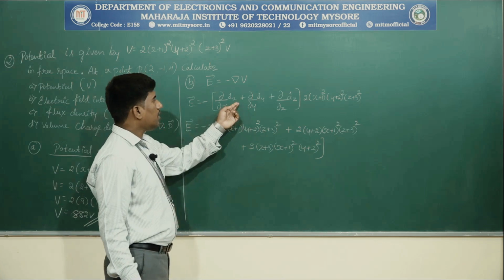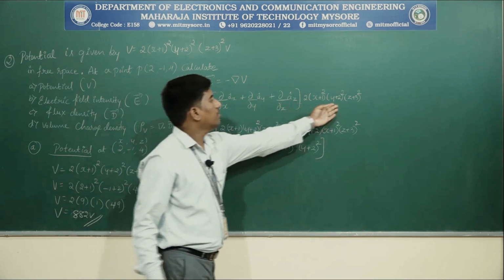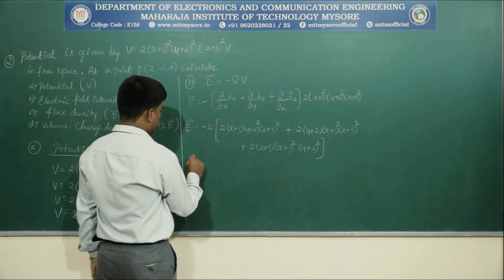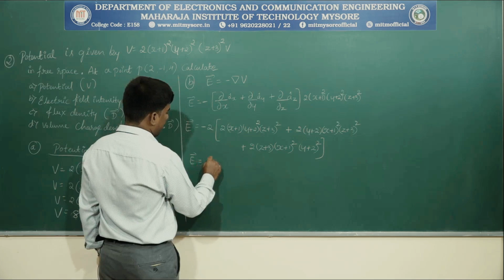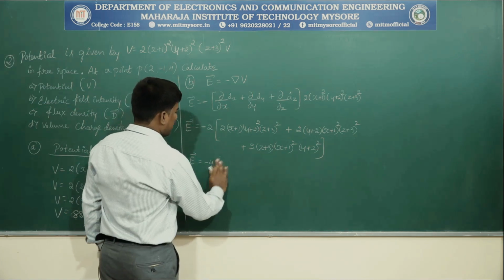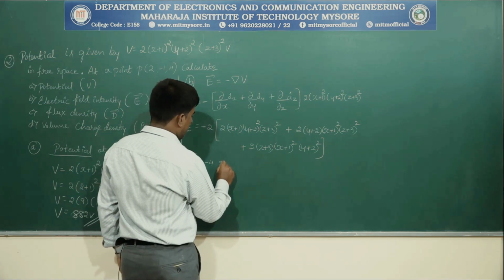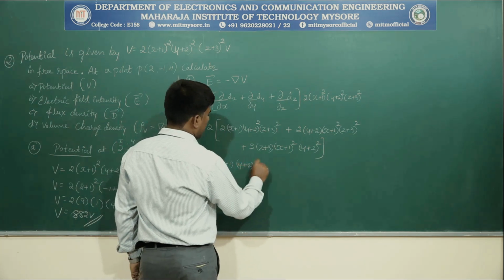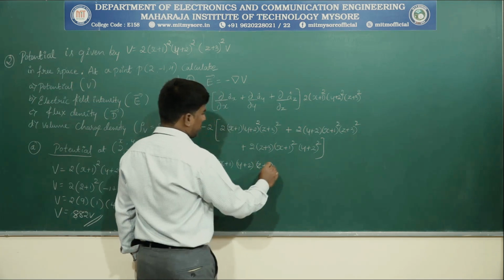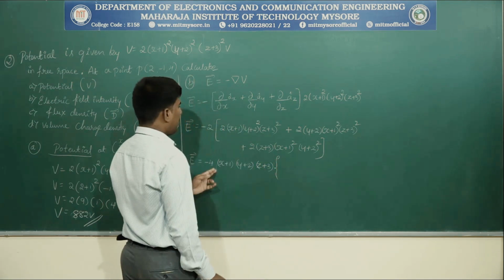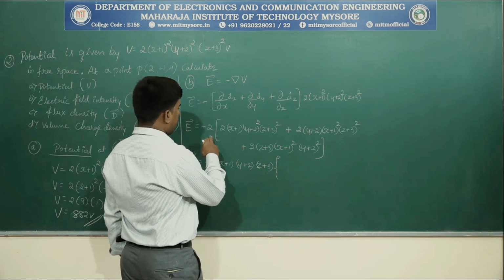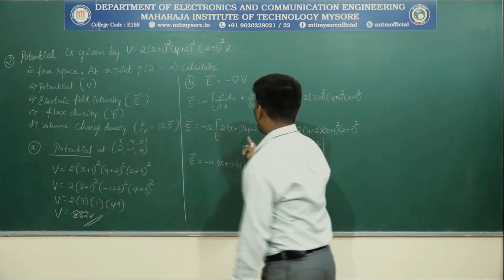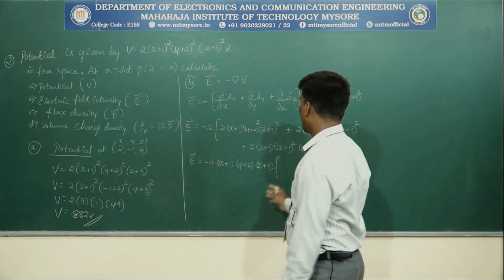So if I differentiate with respect to x, y, z in this form, this 2 is common, take it outside. E is equal to minus 4 times of, so we have (x+1), (y+2), (z+3). All these terms are common, we have taken them outside.